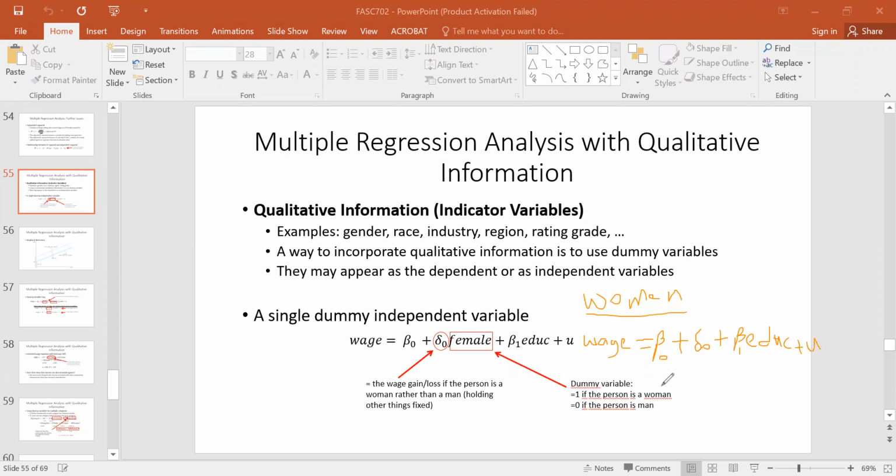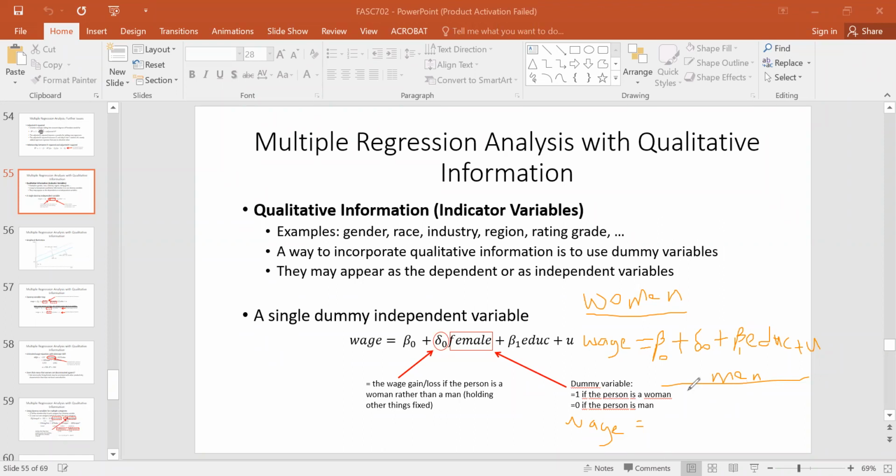Then for men, what do we have? When we talk about men, the equation becomes wage is not different from beta 0.